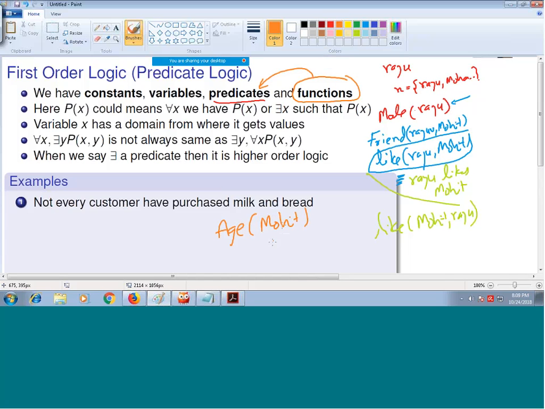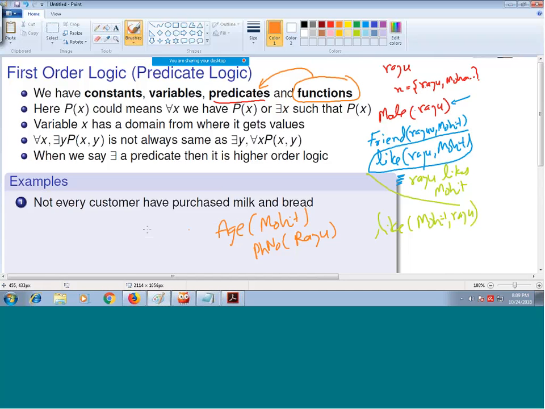I can also say phone number of Raju. It would give you some information, but independently you cannot use this thing. You have to use it inside a particular predicate.